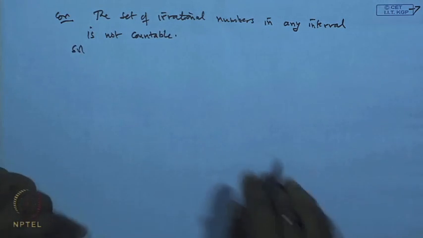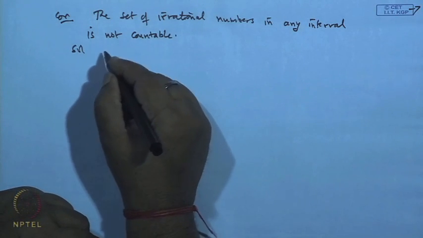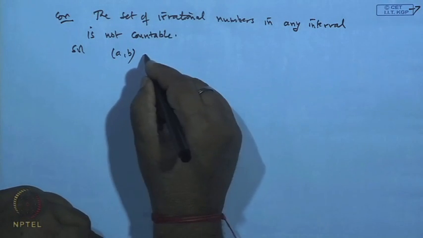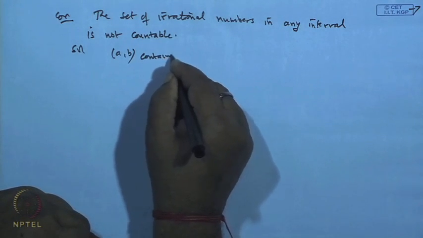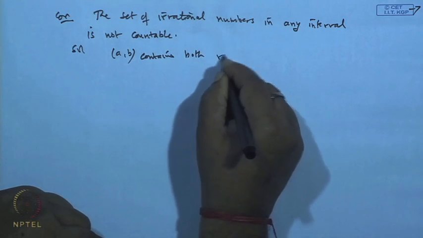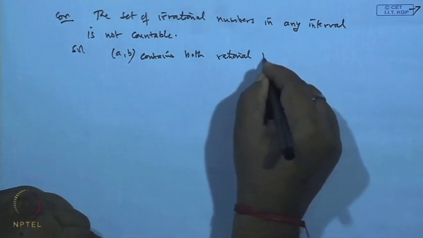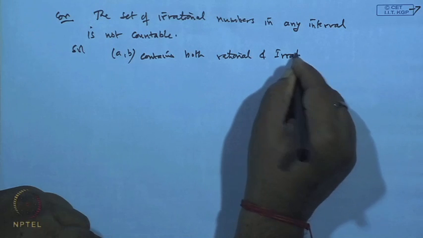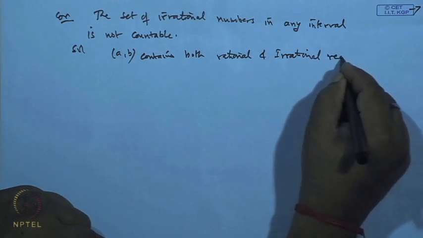And the solution is very simple, because an interval (a, b) contains both rational and irrational real numbers.